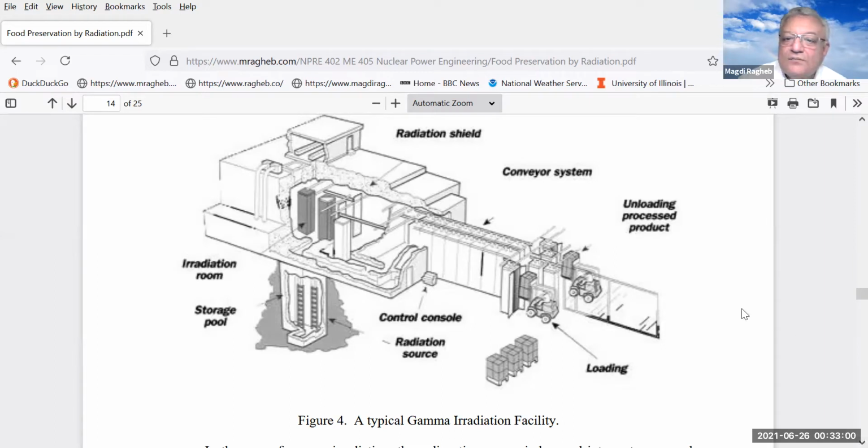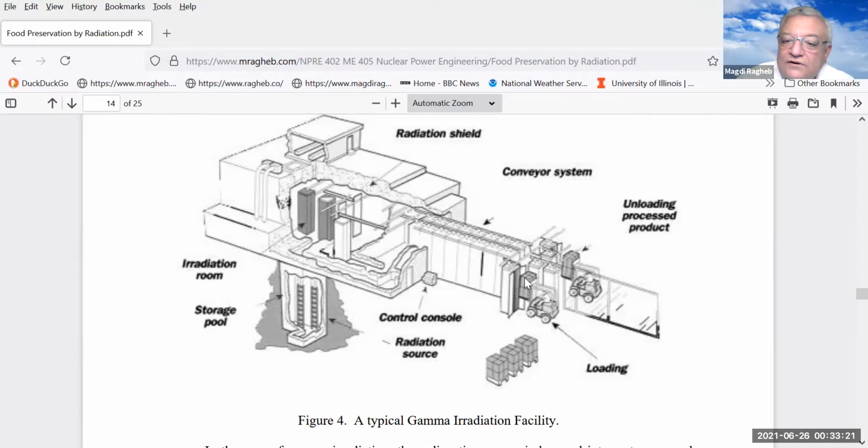They are inside boxes. The boxes are simply closed. They are not subjected to any kind of heat. You put it on a conveyor belt. The conveyor belt goes through a maze of very, very thick concrete structures, because concrete is a good shield against gamma radiation.